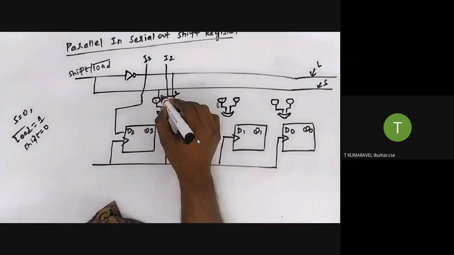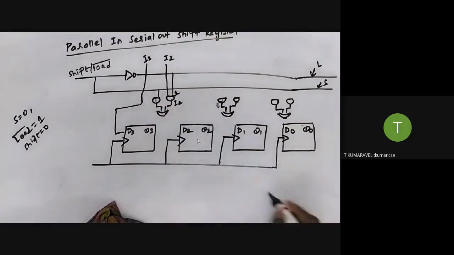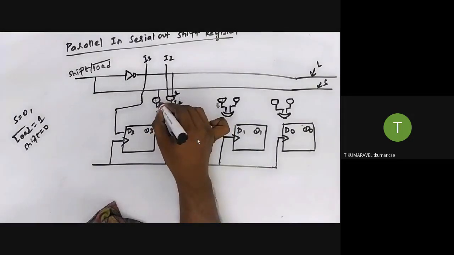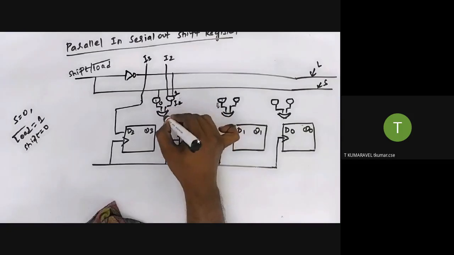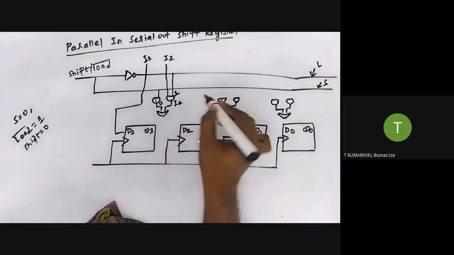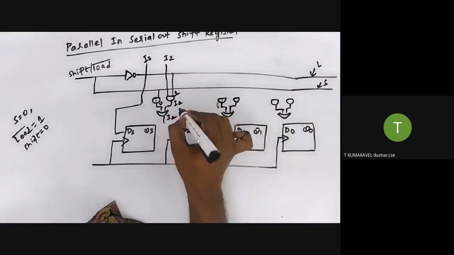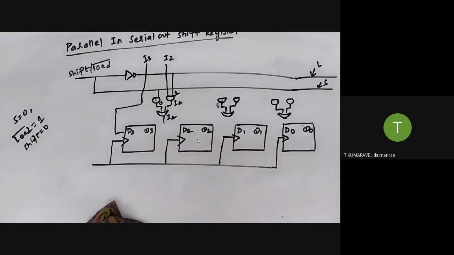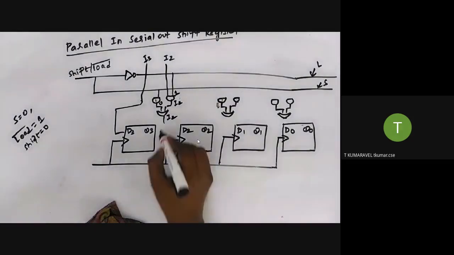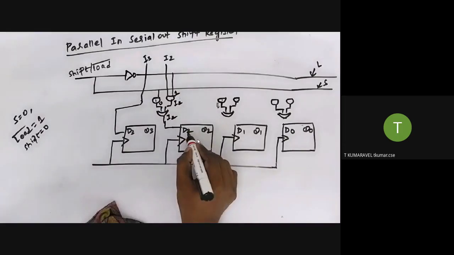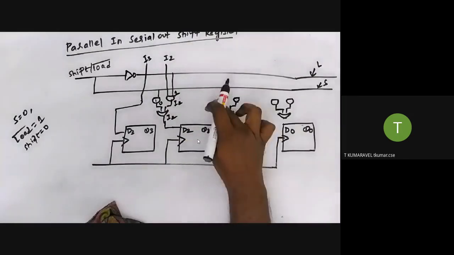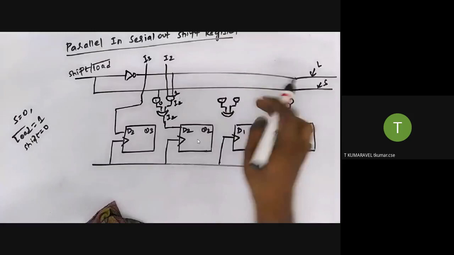Suppose already you know that for the AND gate, if any one of the inputs is 0, the output equals 0. So this is the input for the OR gate. For the OR gate, if any one of the inputs is 1, that is the output. So what happens, it simply generates I2. This I2 is the input for this flip-flop. Same procedure for all the rest of the flip-flops.